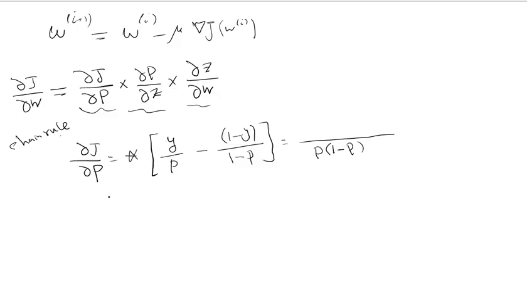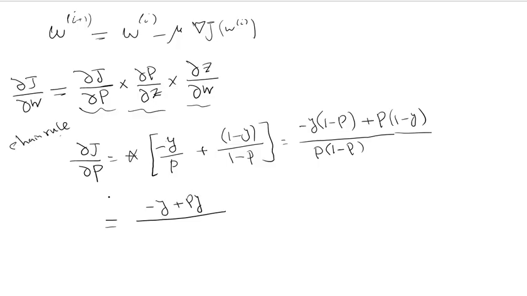We have minus y times 1 minus p plus p times 1 minus y, which equals minus y plus py plus p minus py, over p times 1 minus p.